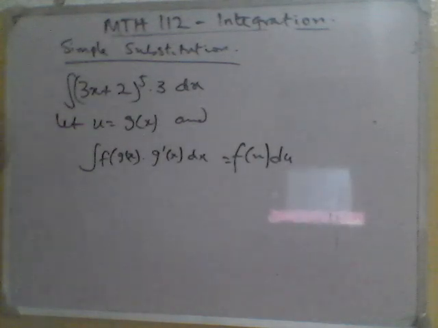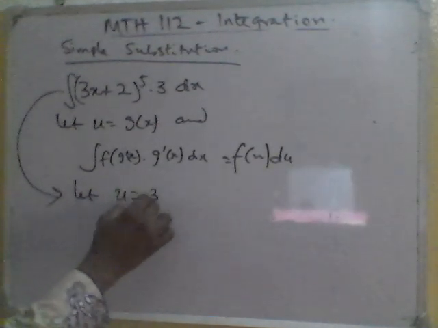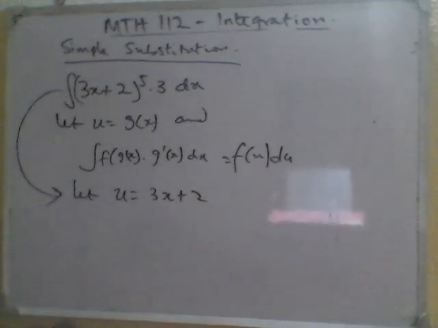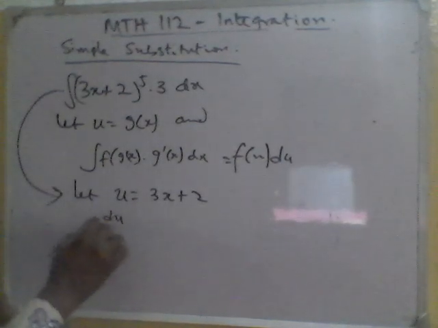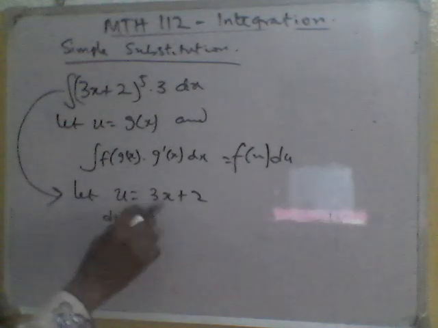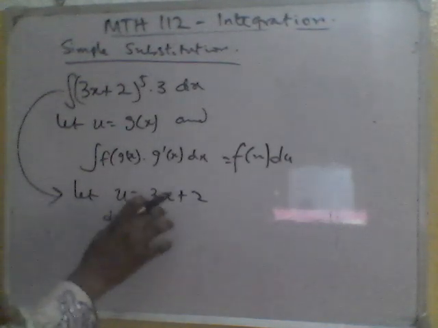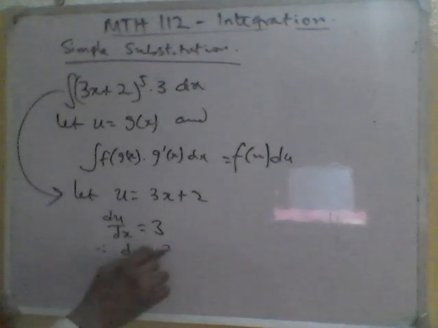Now, if I were to solve this one, for instance, we will say let u be 3x plus 2. Then du dx, that's if I differentiate u with respect to x, is 3, such that du is equal to 3 dx.